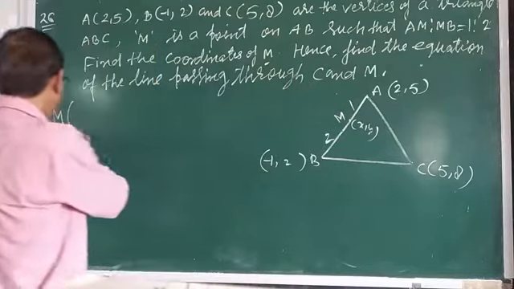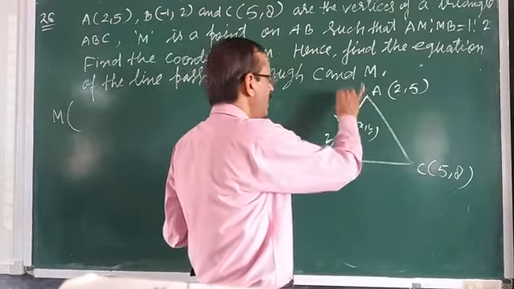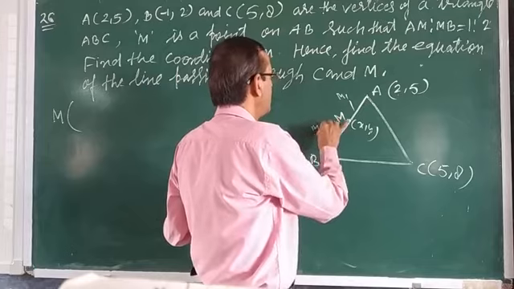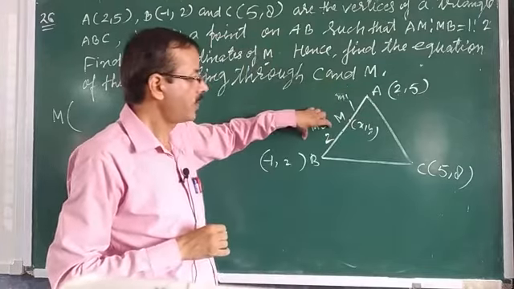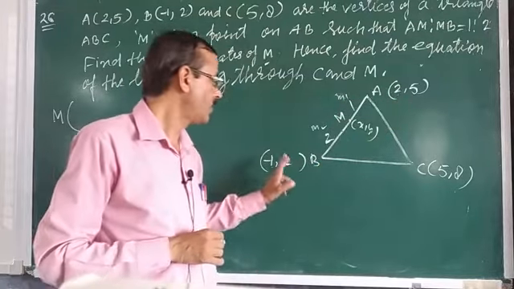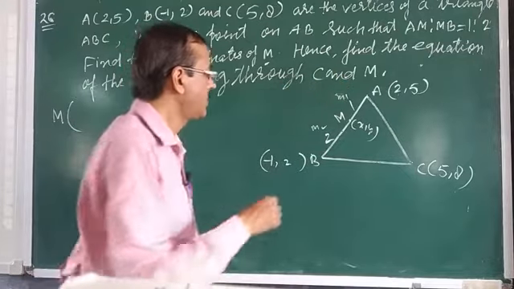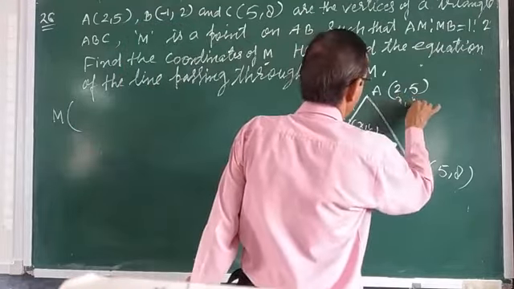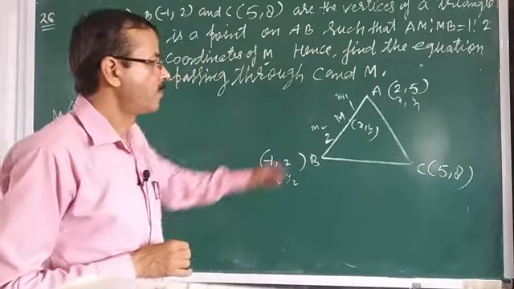Already I explained it in an earlier exercise. To find the coordinates of M, suppose this is m1 and this is m2. This is x1, y1, and this is x2, y2.